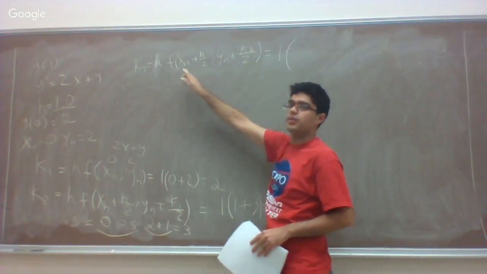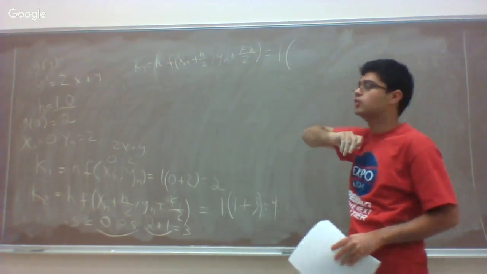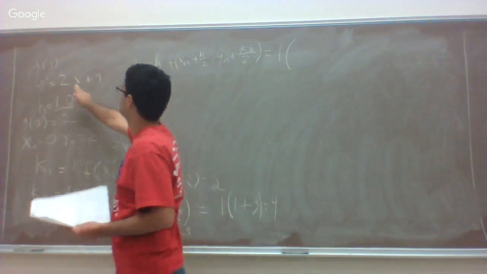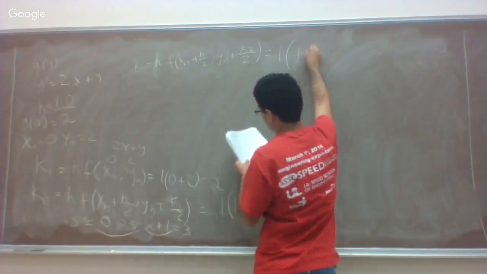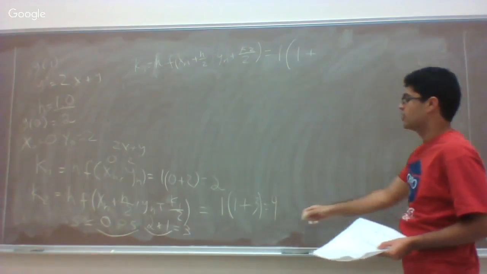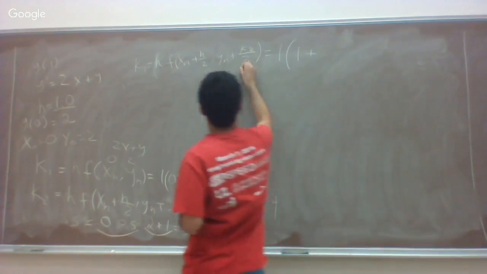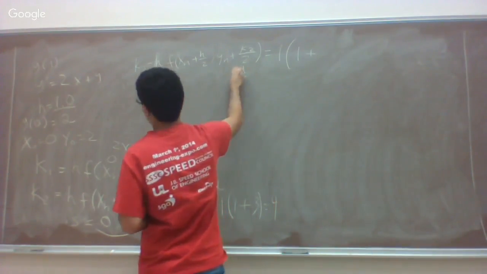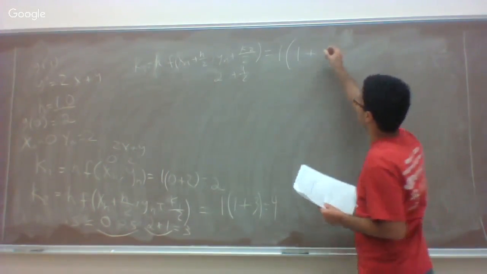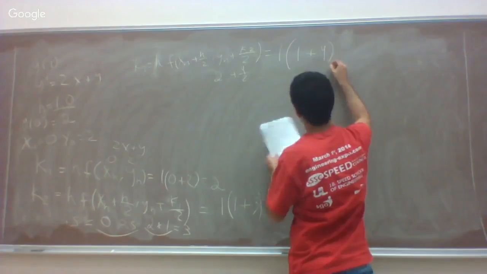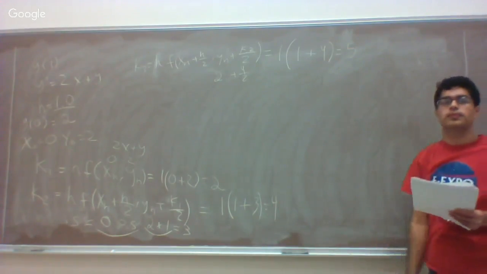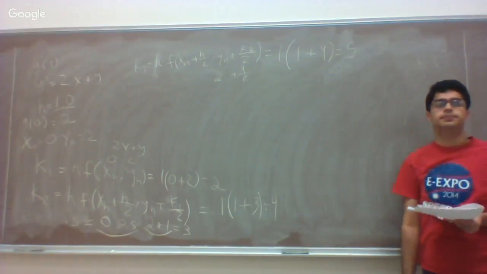This doesn't really change since my x sub n and h are the same values. So I have 0.5 times 2, so that's the 1 again, plus my k2 value we found out is a 4. So 4 divided by 2 plus my y sub n, which was a 2. So 2 plus 2. So I have a 4 right here for y. So this is equal to a 5. Okay?